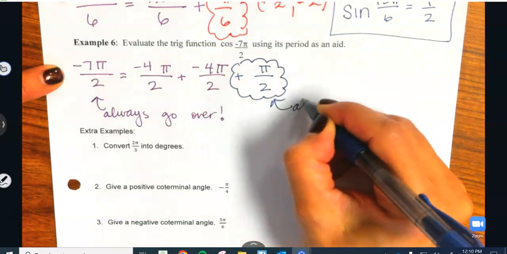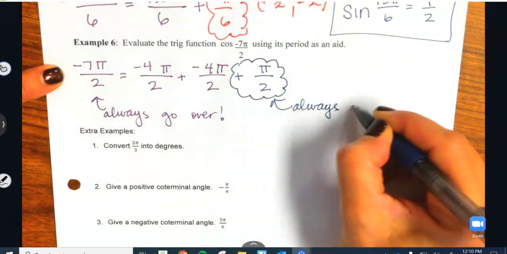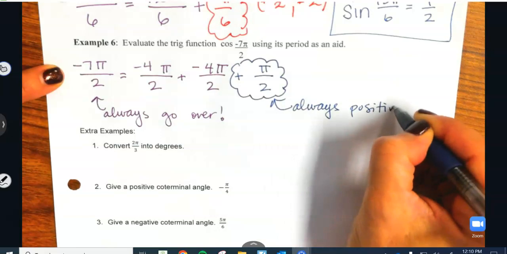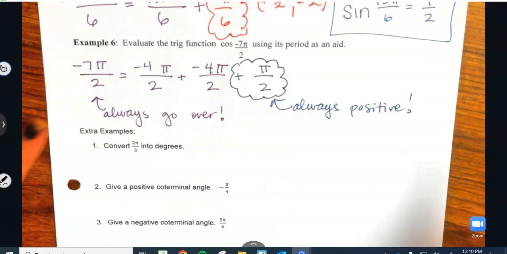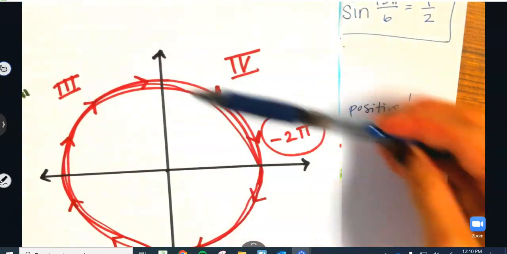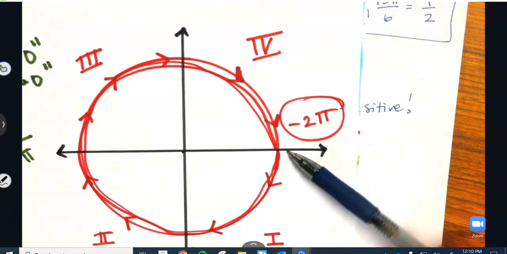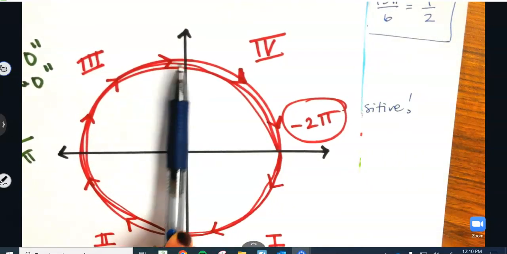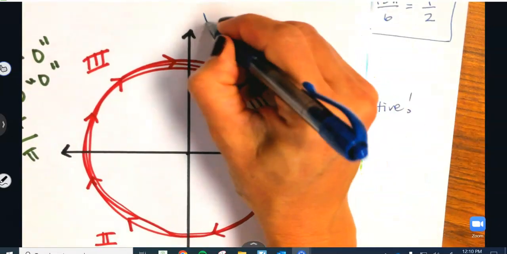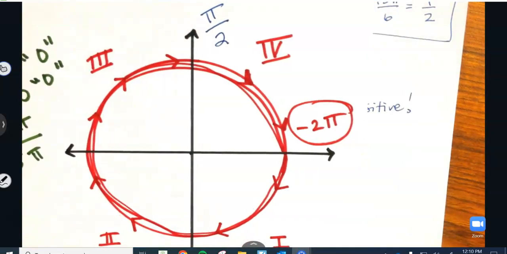This value is always positive. So what has happened? Let me go back to this. We wrapped around once. We wrapped around twice. That's too much. Let's back up a half. Where are we at now? Right here. This is pi over 2.